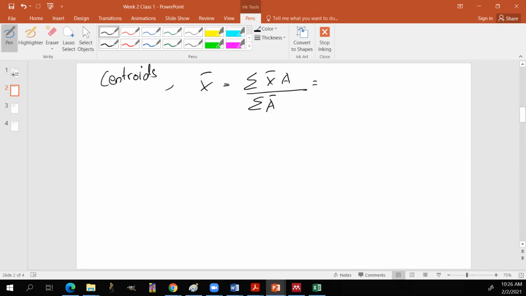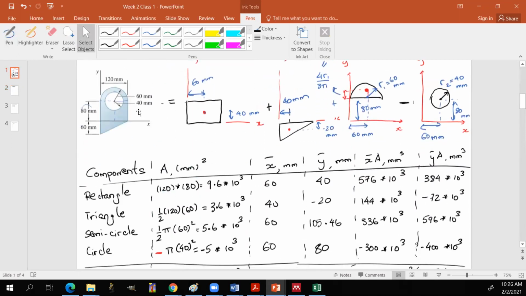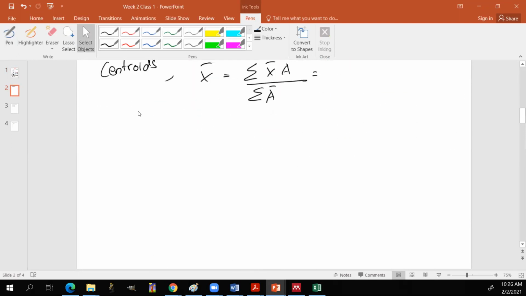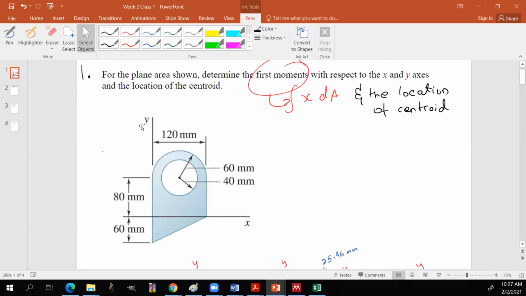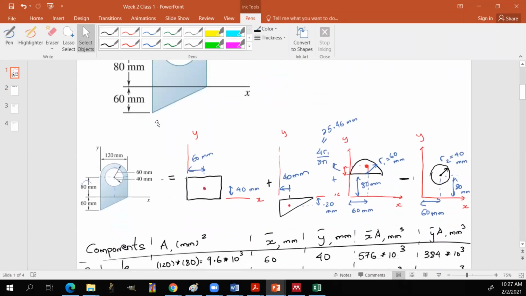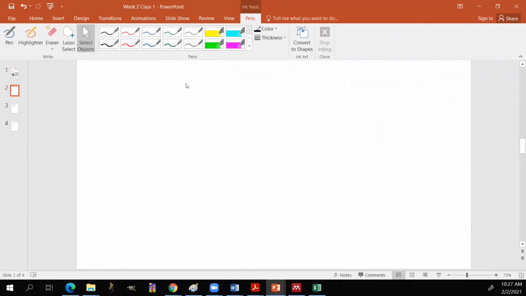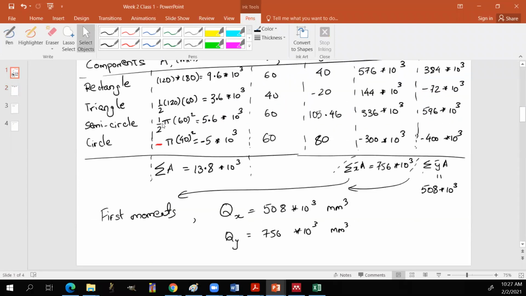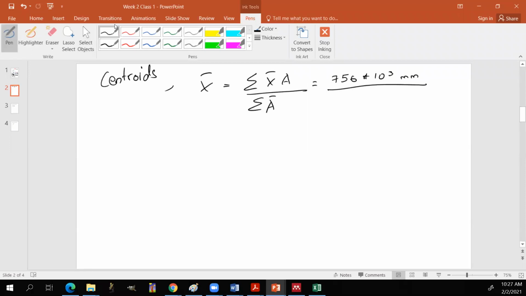We had 756 times 10 to the 3 millimeters cubed divided by, what do we get for the area? For the area, we got 13.8 times 10 to the 3 millimeters squared.